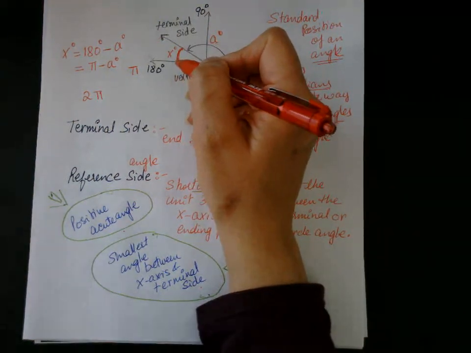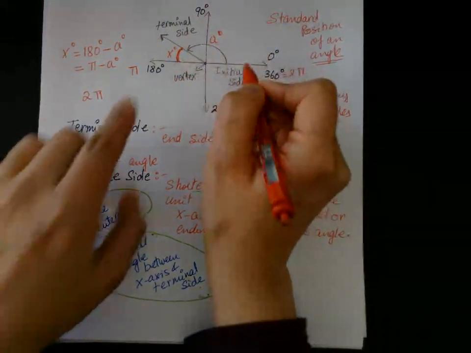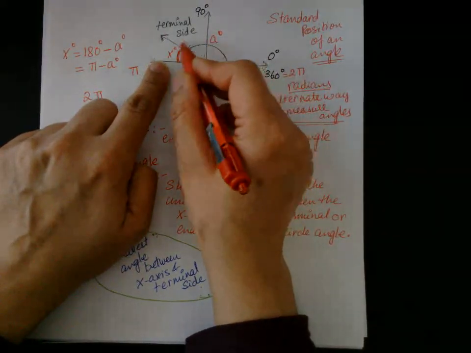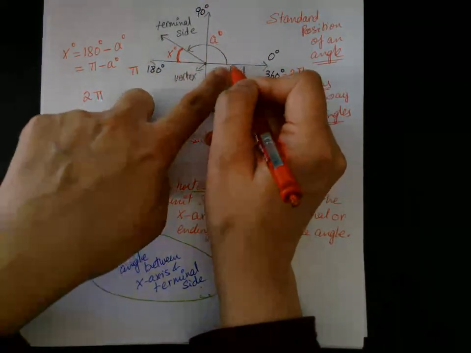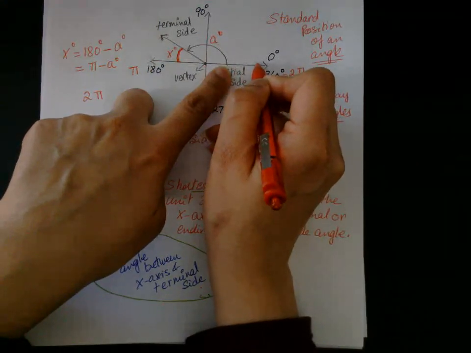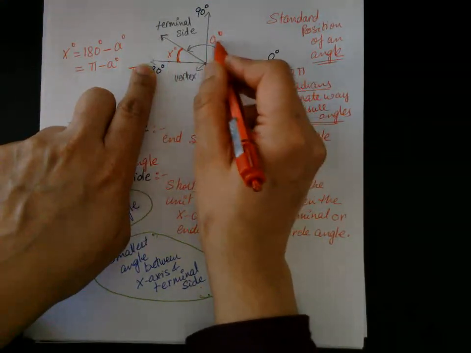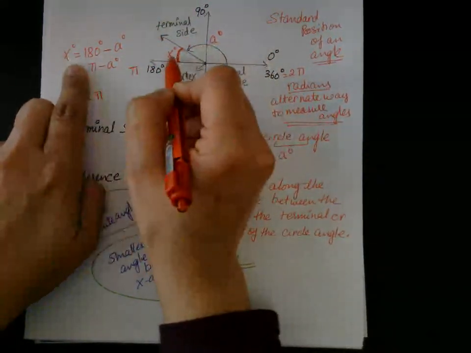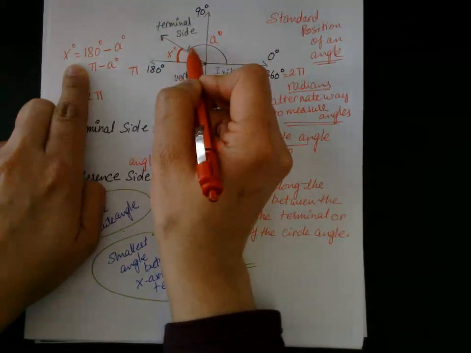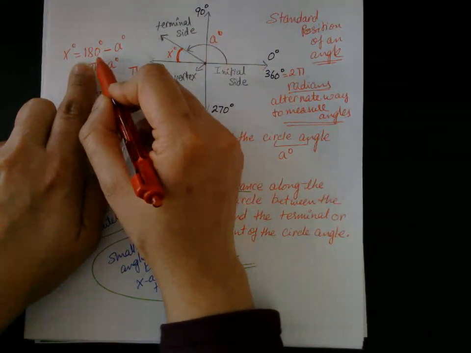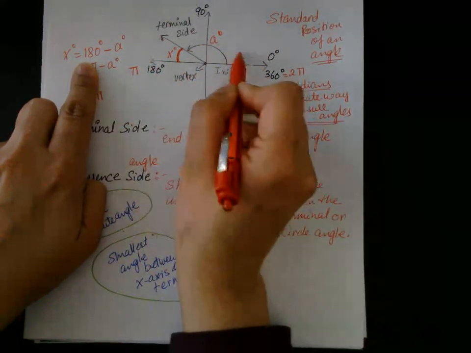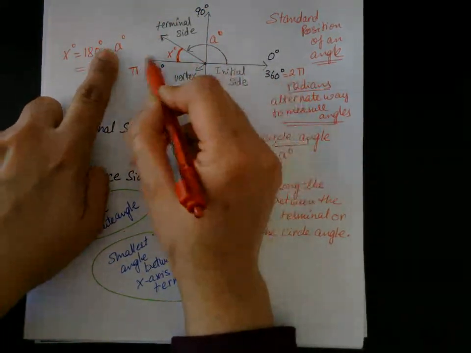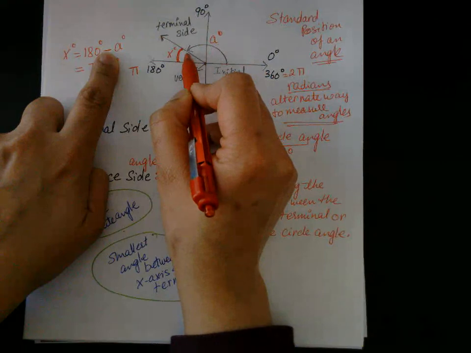Now the question is how to calculate the reference angle. The whole entire circle is 2 pi. The half semicircle, if we start from 0 degrees to 180 degrees, is 180 degrees, or pi. I can calculate this reference angle, let's say it is x degrees. X is nothing but 180 degrees, the whole semicircle or the straight line, minus the circle angle.